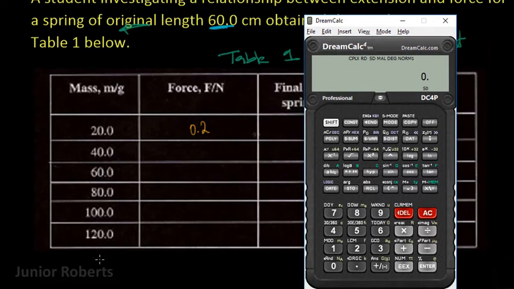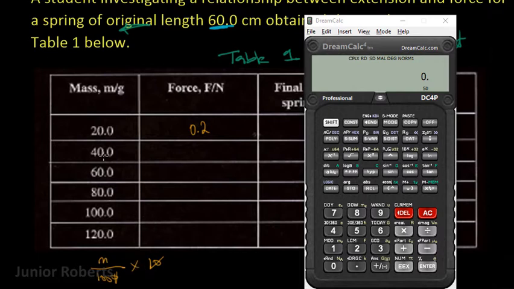So essentially we have our mass, we divide our mass by 1000 and then we multiply by 10. A short way to do it is, the 10 cancels one of the zeros, so we can simply divide our mass by 100 and we'll get the same answer.